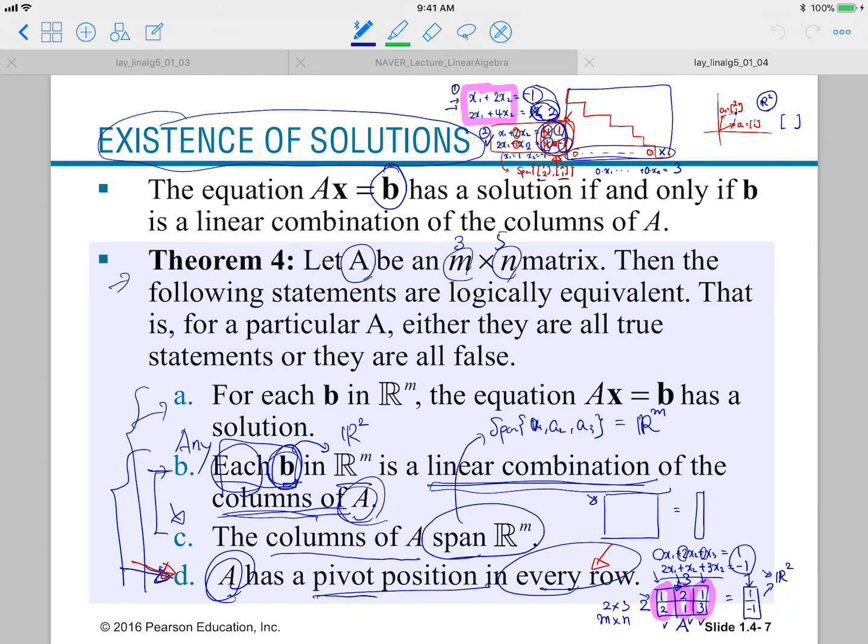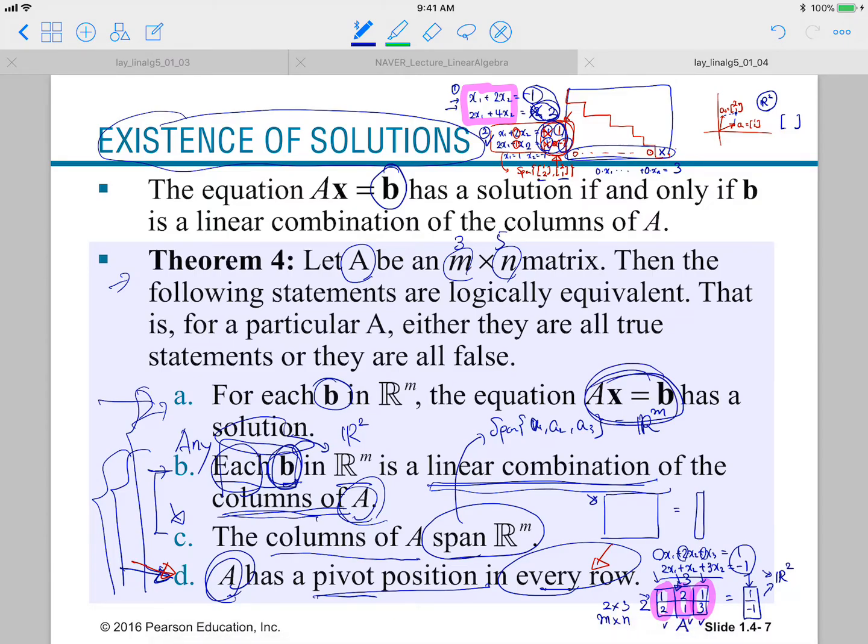And now, let's finish up or complete this theorem 4. We understood the last three, but we skipped the first one, and the first one is really easy. This matrix equation should have a solution for any given vector b, right?